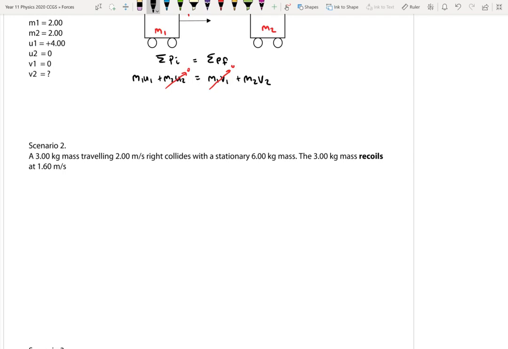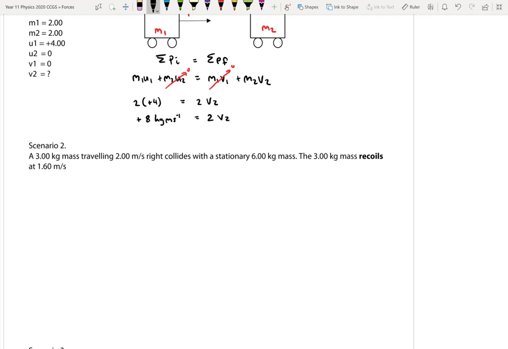We can either throw the values in or we can rearrange. It's entirely up to you. I'll put the values in first. So we'll go 2 by plus 4 equals 2 V2. So I'm just going to write this out in one extra step. And that is that the total initial momentum is 8 kilogram meters per second in the positive direction. Okay?